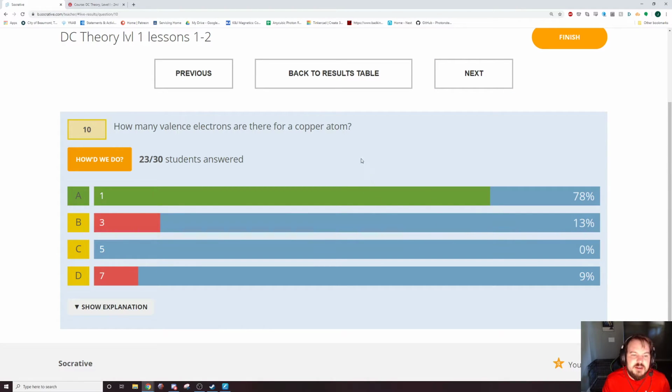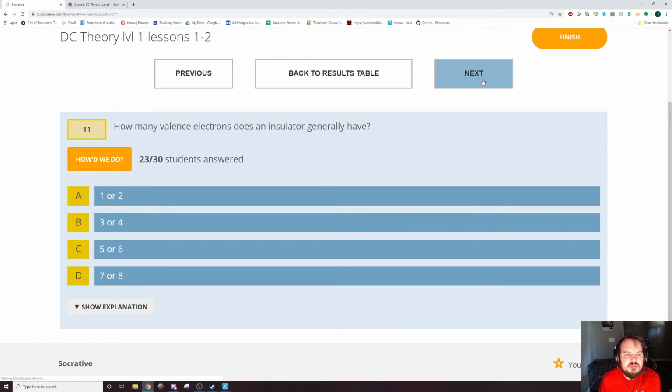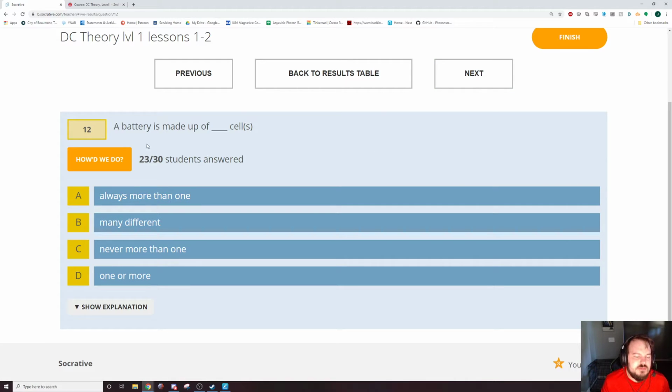A copper atom has one valence electron. That's what makes it a good conductor. Covered it.